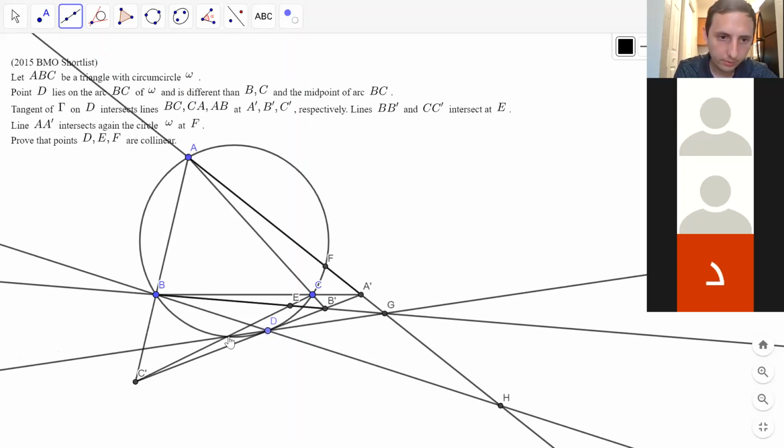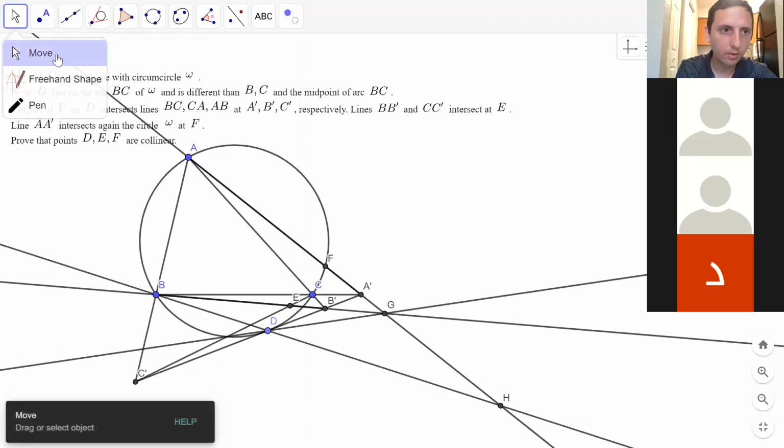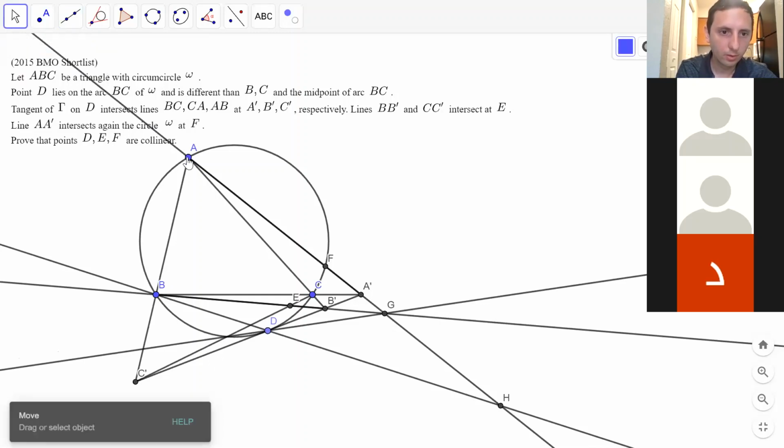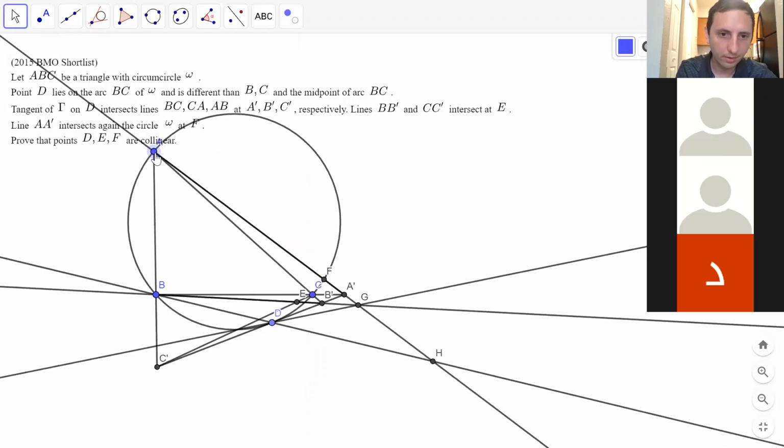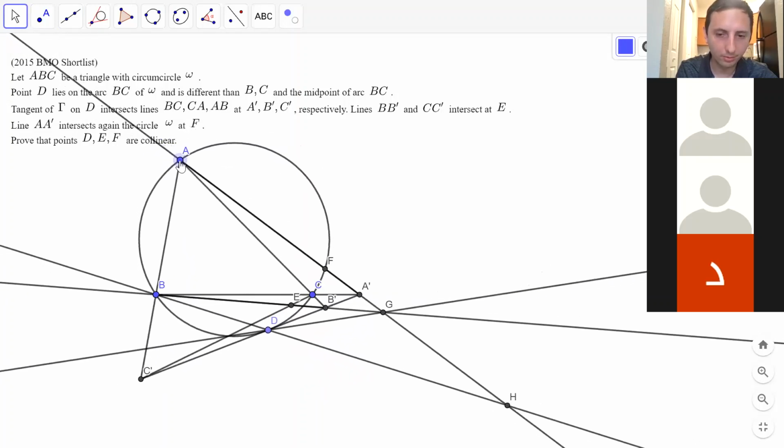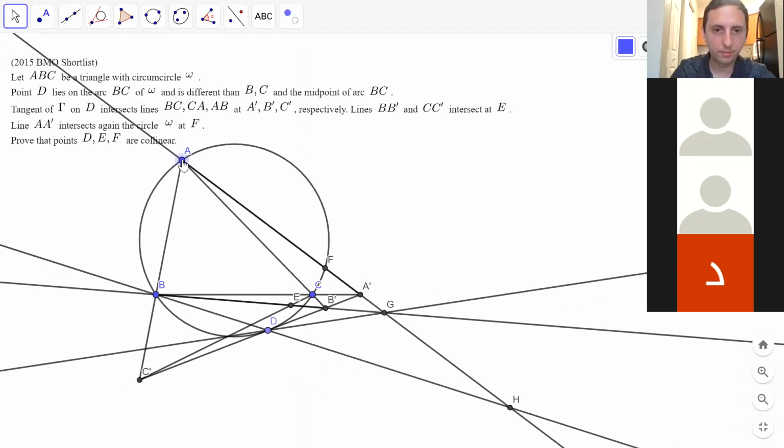It almost looks like these concur, right? Yeah, I feel like this is kind of close to solving it. Let me hide a couple things.